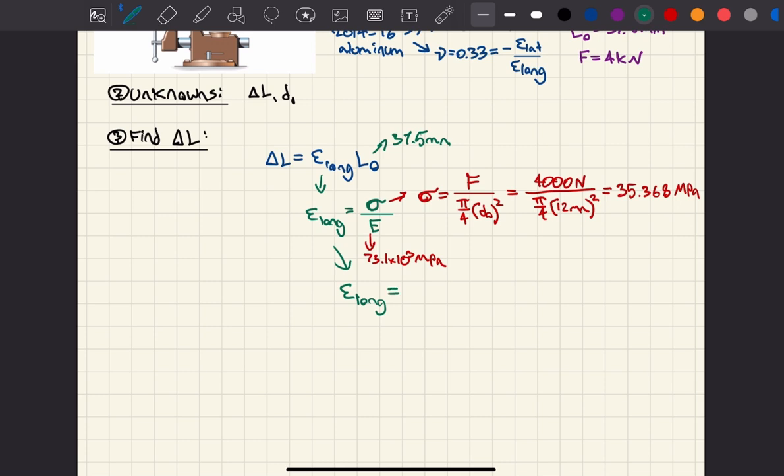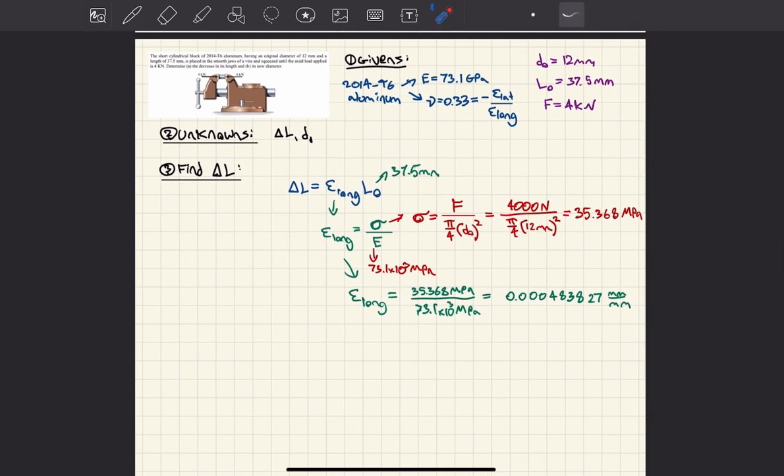So if you do this calculation, 35.368 megapascals divided by 73.1 times 10 to the power of 3 megapascals, you're going to get that your strain in the longitudinal direction is equal to 0.000483827 millimeters per millimeter.